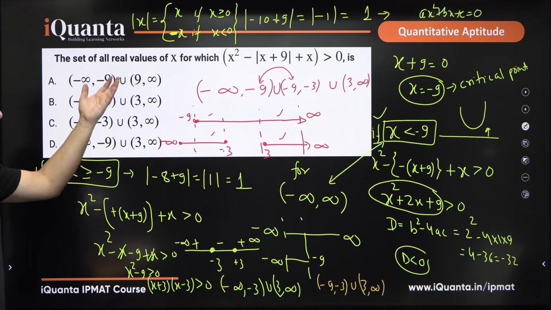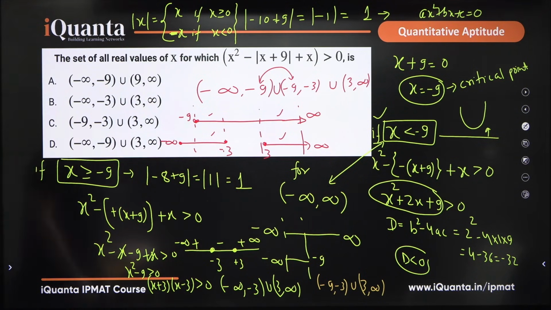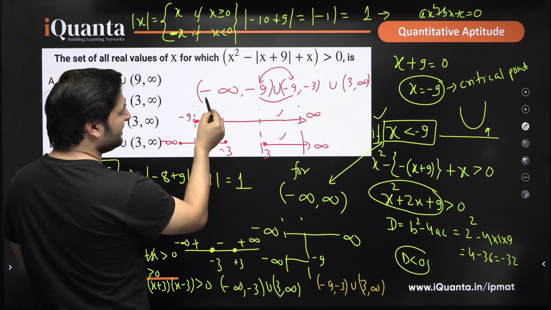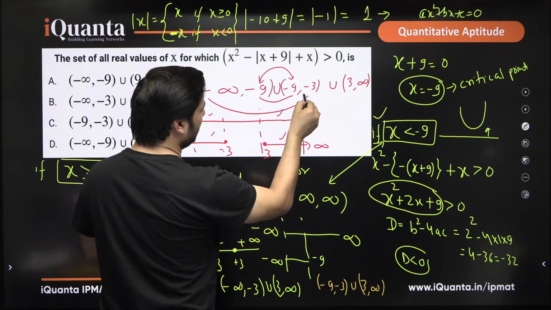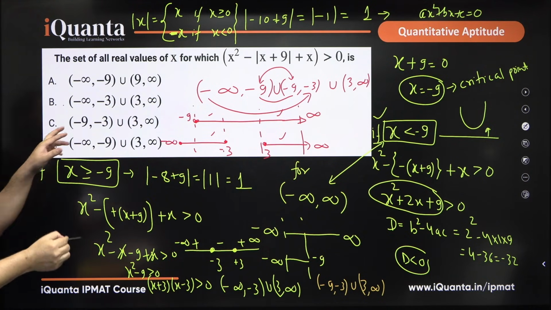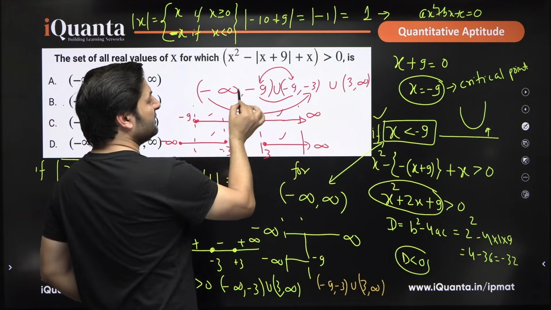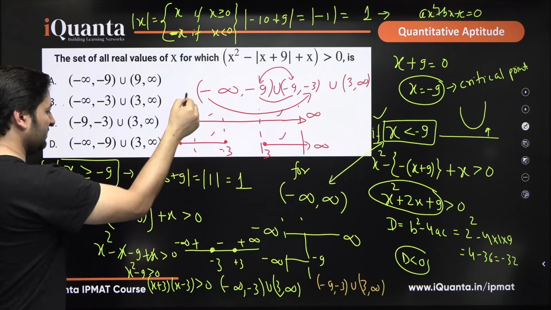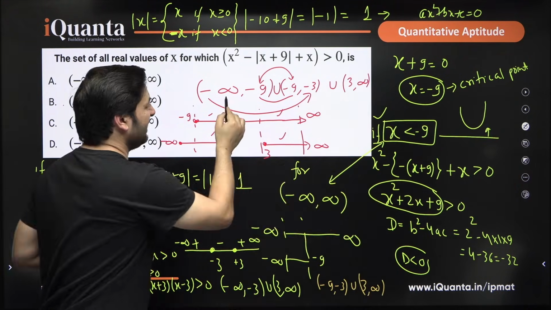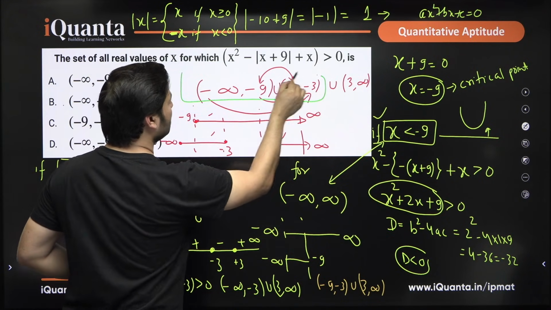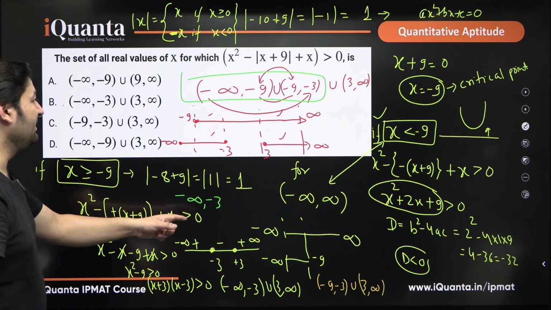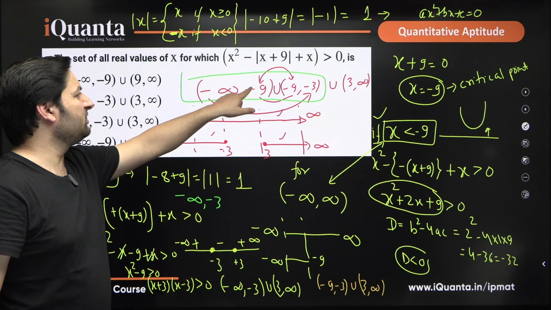So there has to be something like this, and obviously I am getting this answer. My answer should be something like this. What can I combine from here? Can I combine minus 9? Can I write this whole range from minus infinity to minus 3, because minus infinity to minus 3 is visible in this option, right? Is it possible? For this to be possible, if I want to write down this entire range as minus infinity to minus 3, then minus 9 should satisfy my inequality.